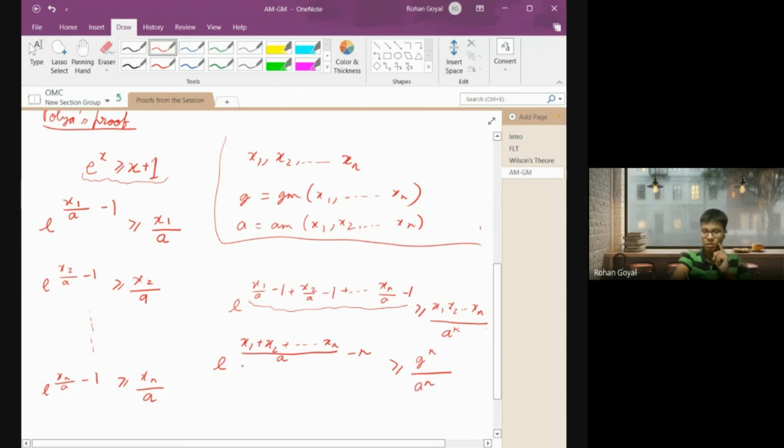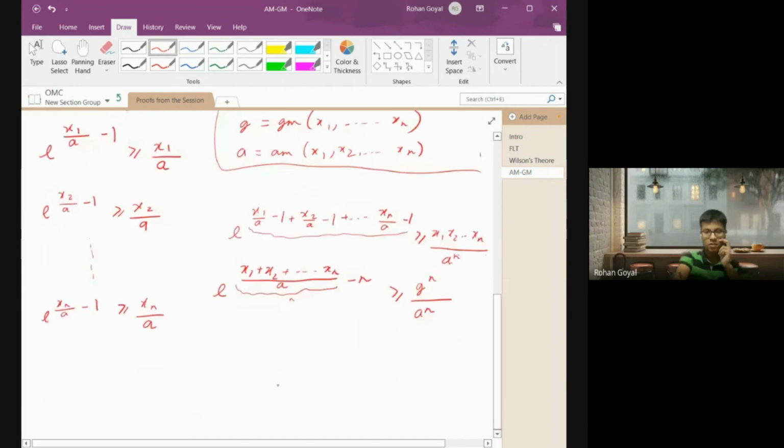To observe that this exponent is also 0 by the definition of a, x1 plus x2 plus ... plus xn is just n times a. So 1 is greater than or equal to g to the n upon a to the n, which implies a is greater than or equal to g. So you're done.